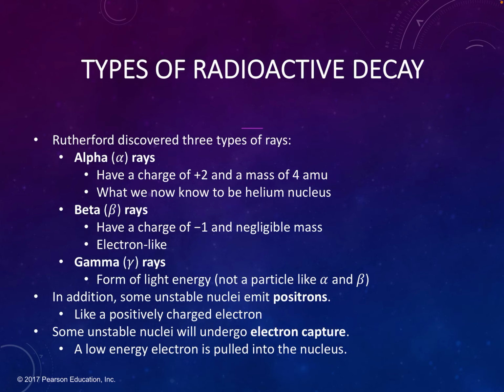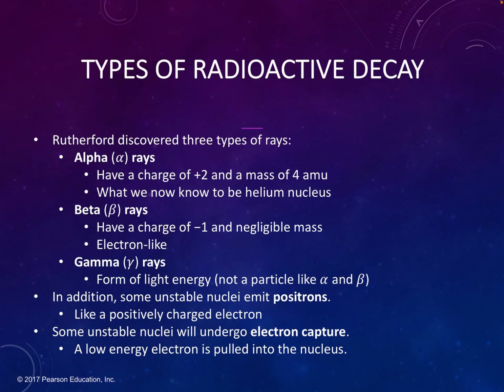Also, some unstable nuclei, so these 2 were not looked at by Rutherford, they were by other people, will emit positrons, which you may not have ever heard of, but they're essentially an electron that's positively charged. They have a negligible mass, but instead of a -1 charge, they have a +1 charge. And then some unstable nuclei can undergo what's called electron capture.